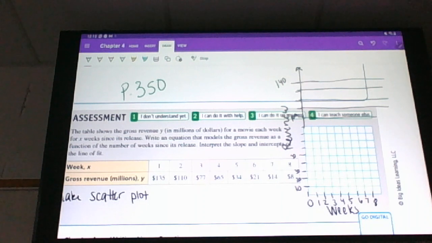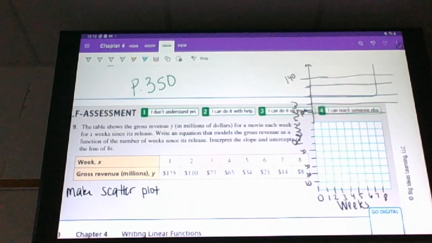All right, now we have to plot this data. So in week 1, they brought in $135 million. Pretty good job. It's a Marvel movie. Week 2, they brought in $110 million. Week 3, $77 million.